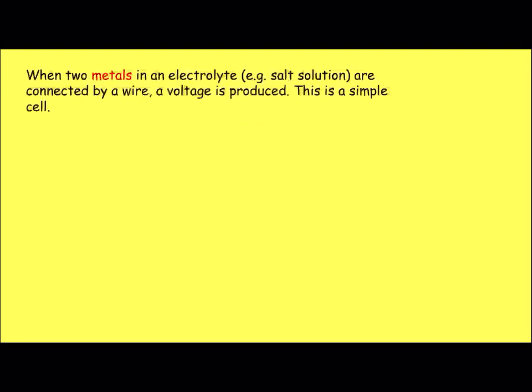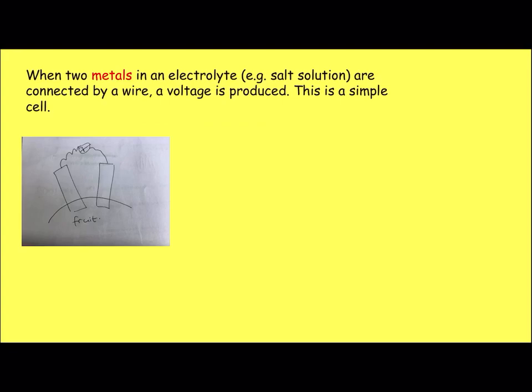electricity. Now, it says there when two metals in an electrolyte or salt solution are connected by a wire, a voltage is produced. This is a simple cell. So I've drawn a picture there. I do not have my GCSE in art, but you can see there the piece of fruit, two different metals, and then they're connected by wires to a bulb, and the bulb would light up.